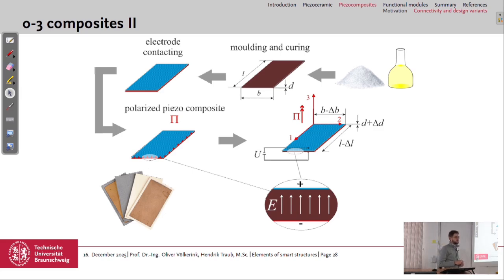Is it the D33 or D31 effect? 3-1, yes, because the field is in the 3 direction and we use the 1 direction for the actuation. We have electrodes at the top and at the bottom of the composite, so the field is in the 3 direction.